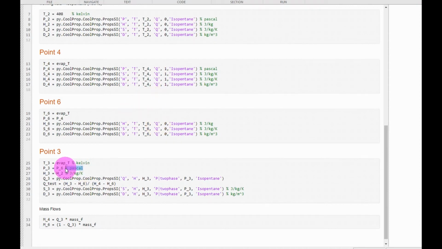So repeat the same process here, and do this here. And for the mass flow, we have the unit in kilogram per second, same as this, kilogram per second.